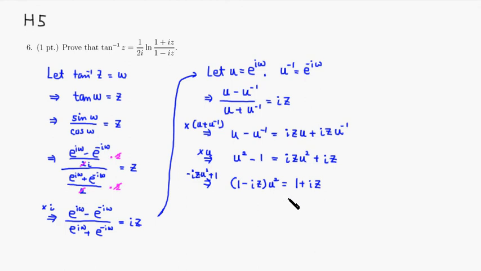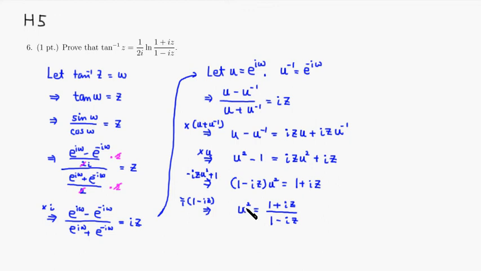Then we can just divide through by 1 minus iz. That will get you u squared is equal to 1 plus iz, divided by 1 minus iz.